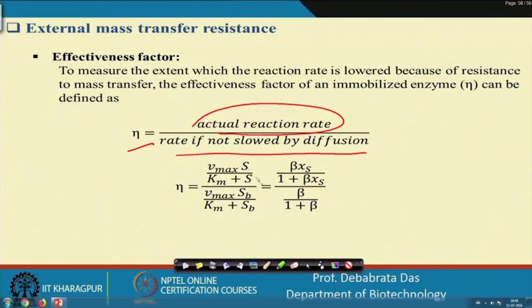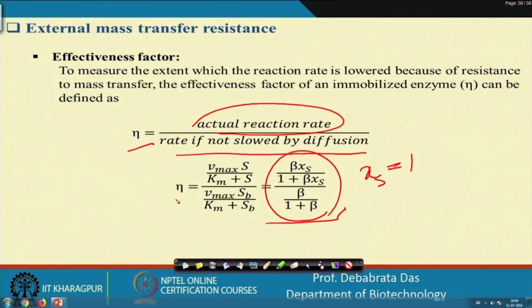If we do a similar analysis, we come across this equation. Now the important thing is that if you put x equal to 1, what will happen? Eta will be 1, am I right? Then if eta is 1, there is no mass transfer limitation problem.